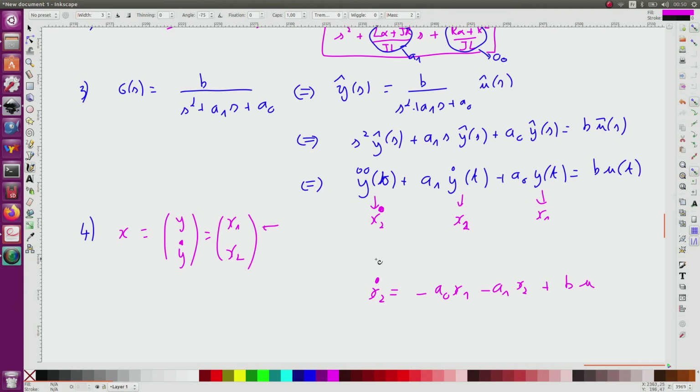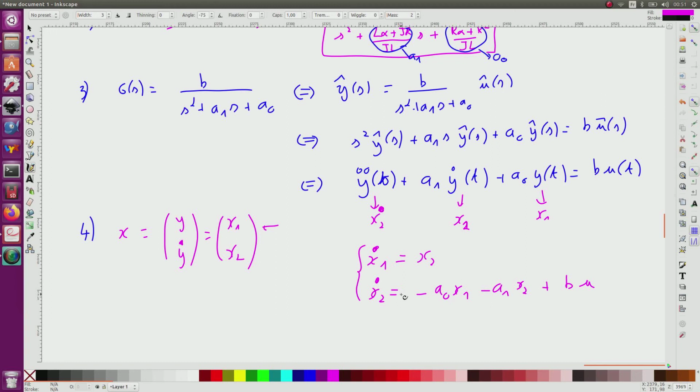And x1 dot is equal to y dot, but y dot is equal to x2. So here I will have x2.